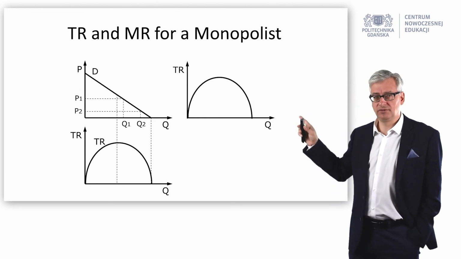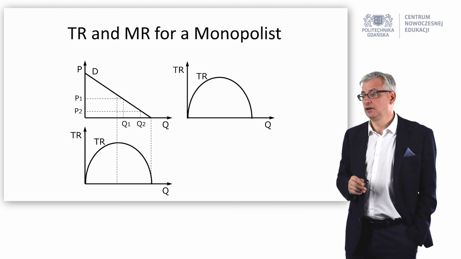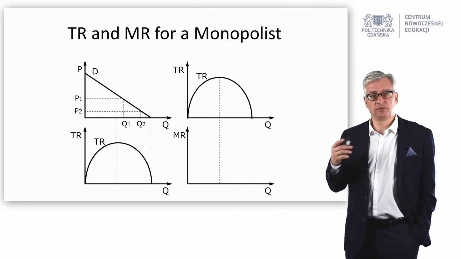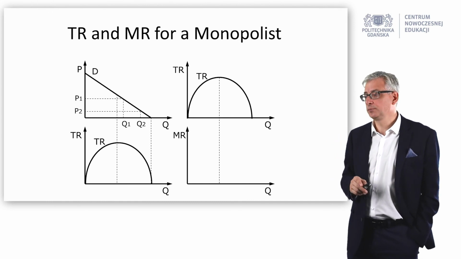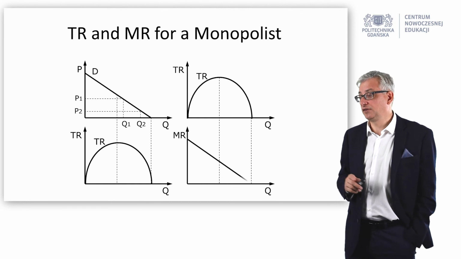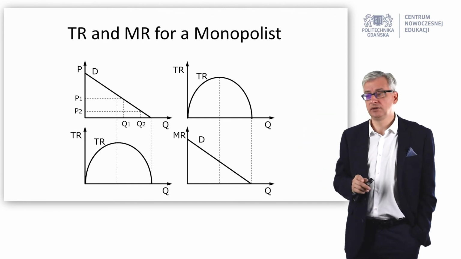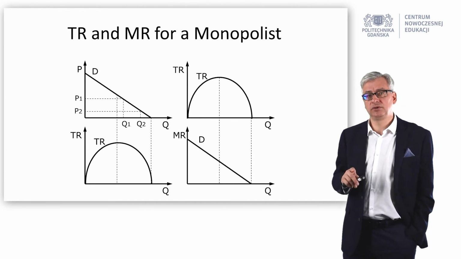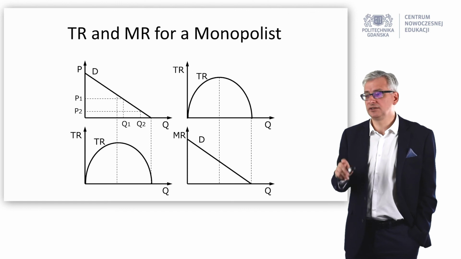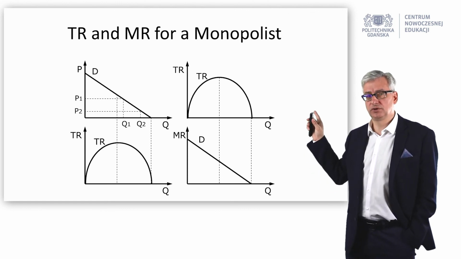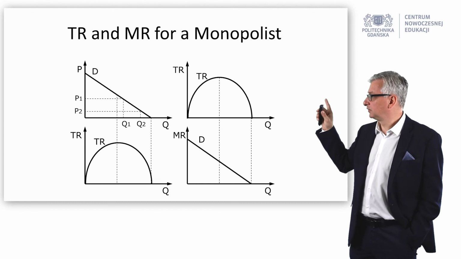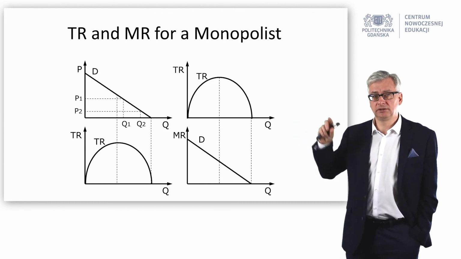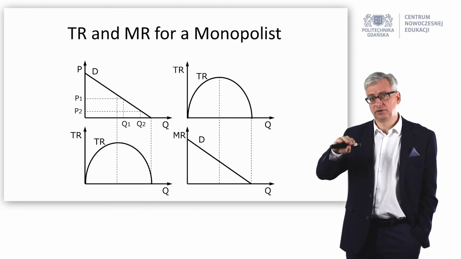So this total revenue curve here allows us also to show the curve of marginal revenue. Let's find the demand curve again. Let's focus on marginal revenue. Marginal revenue can be treated as the slope of the total revenue curve. As you can see, the slope at the very beginning is pretty high, and then the slope gets smaller and smaller.